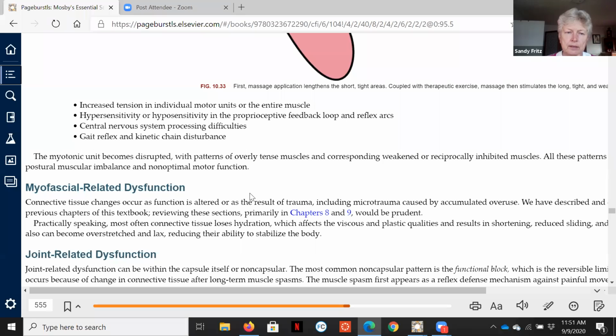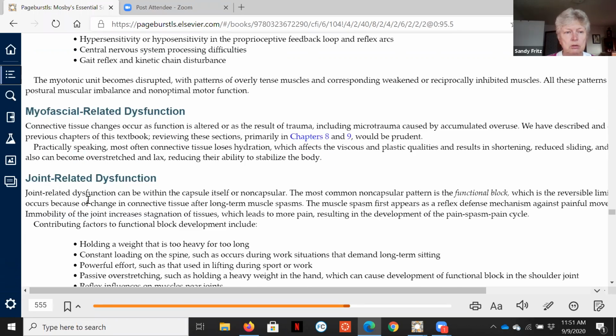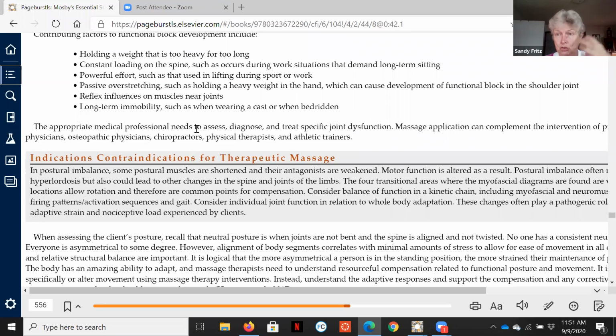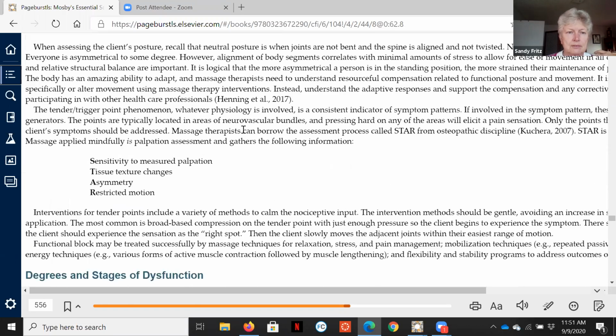And so where things start to fall apart, is it more of the soft tissue? Is it the joint? Or is it the neural drive? And how can we use, again, shortcuts like this one that comes out of osteopathy, STAR.